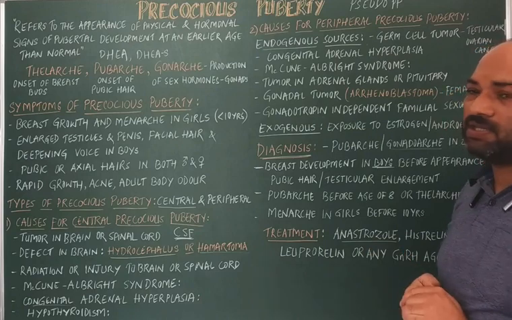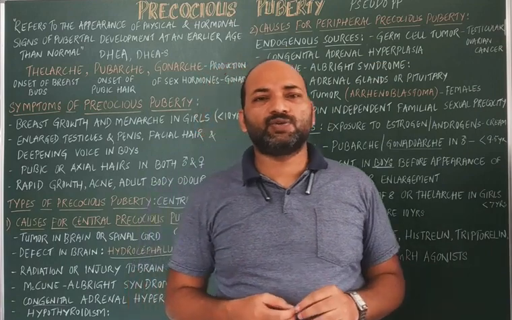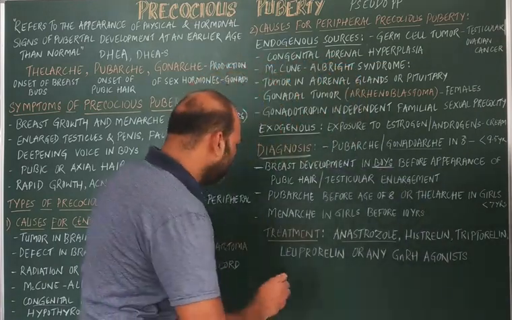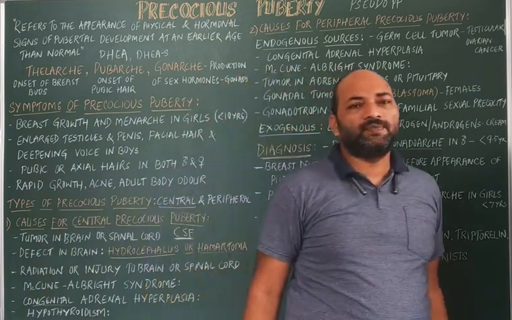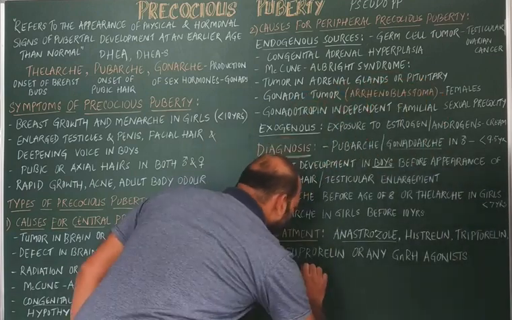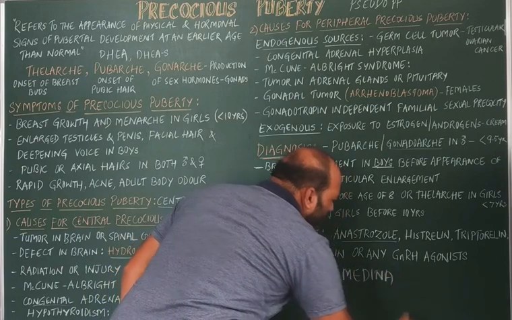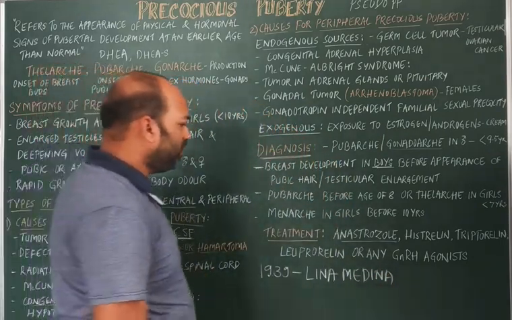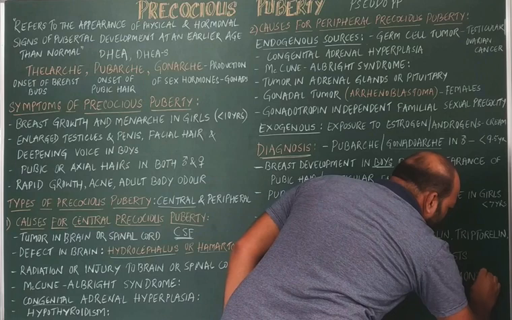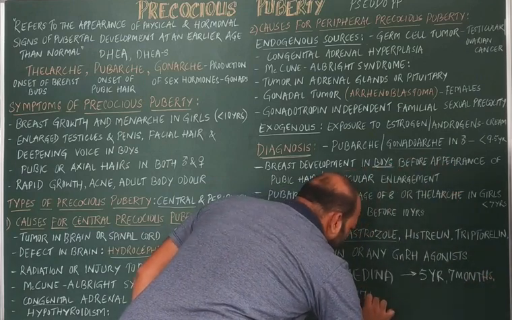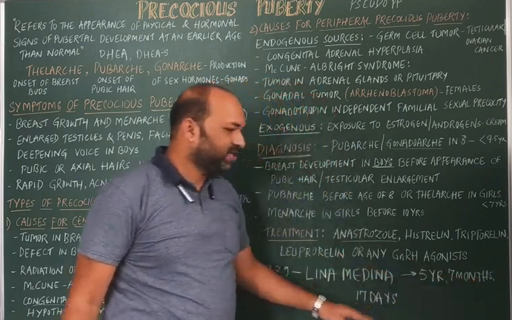Now, who is the first or youngest mother to have given birth? That is in the year 1939. In 1939, Lena Medina is said to be the world's youngest mother, where she gave birth to her child at the age of 5 years, 7 months, 17 days.